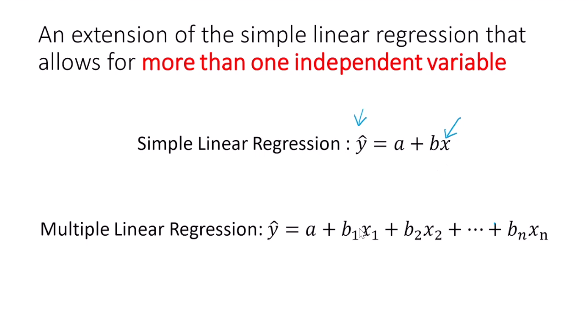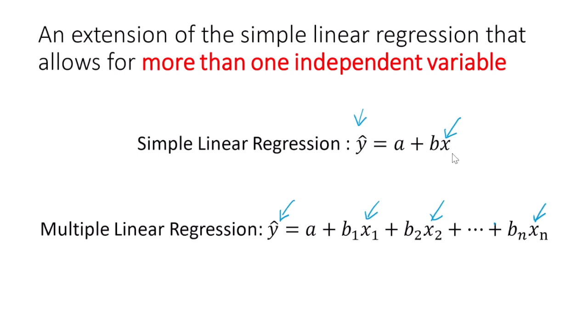In this video, we will discuss modeling the linear relationship of one dependent variable, y, and multiple or more than one independent variables, x1, x2, up to xn. So the simple linear regression model is written as y hat equals a plus bx.